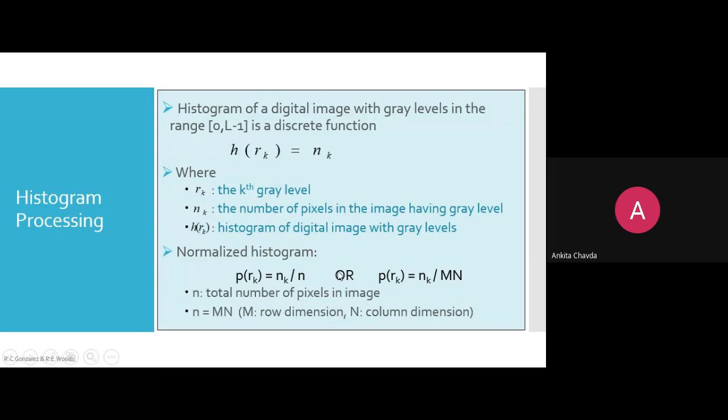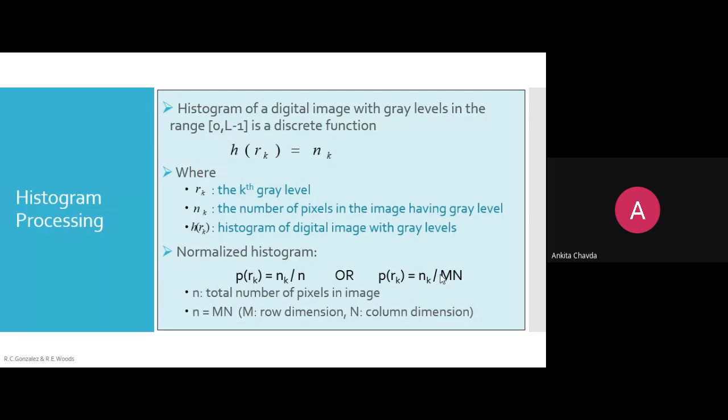So the normalized histogram is p(rk) = nk / n, or you can say p(rk) = nk / MN. MN means your total number of rows times total number of columns. You divide by the total number of pixels, with nk being how many pixels you have at that particular intensity.